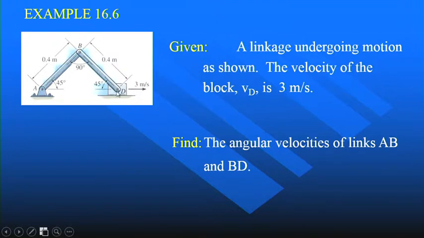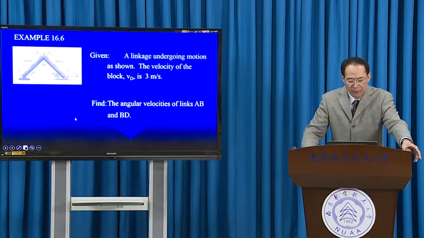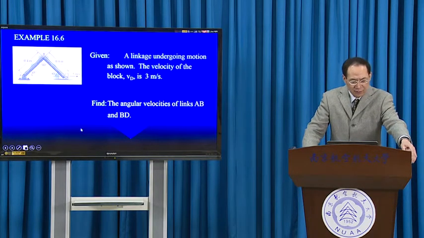Since we already know the velocity VD, we can take BD as the object of study first. Then analyze the IC, that is, the instantaneous center of zero velocity. Then we can get the relation between omega BD and VD, right?